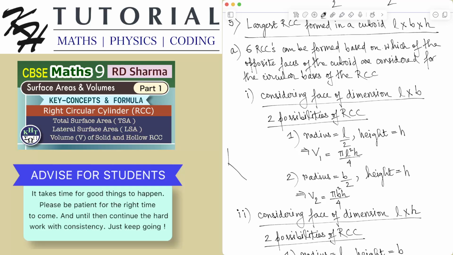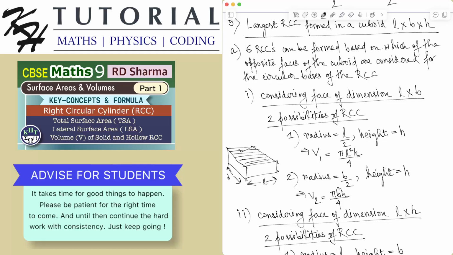let's say this is the cuboid, this is B, this is L. If you consider this face and its opposite face, this is the top face and its opposite face, which will be the bottom face, for a hall or a room, the roof and the floor.